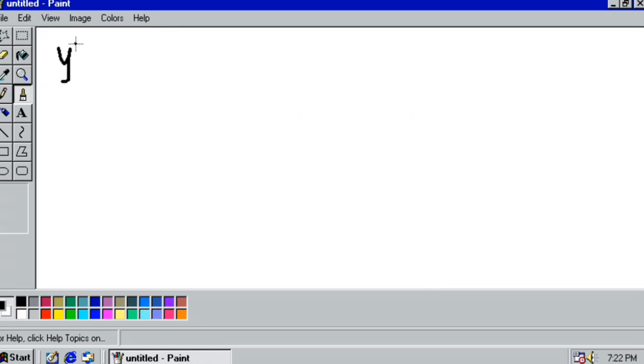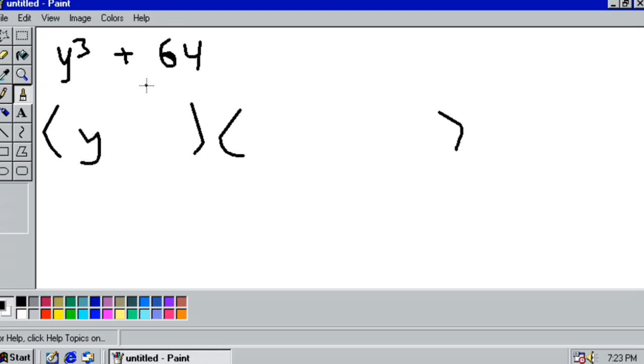Now let's say we have y cubed plus 64. You can try it if you want. So find the roots of the terms. The cube root of y cubed is y. The cube root of 64 is 4, since 4 times 4 is 16, and 16 times 4 is 64. So plus will be the sign here since this is a sum of two cubes. Now find the square of y, which is y squared.